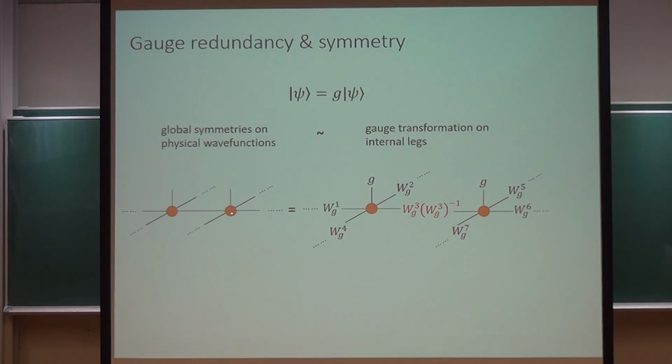For example, this guy can move to there. But then what I require is that after the symmetry transformation, I can send the wave function back by a gauge transformation. So after I apply the G together with this WG on the virtual leg, the tensor network completely goes back to itself. That's the assumption.